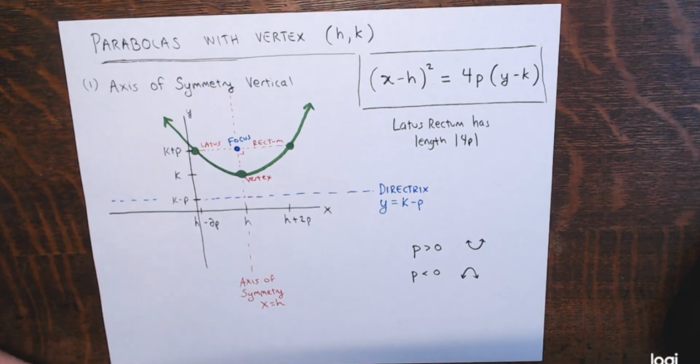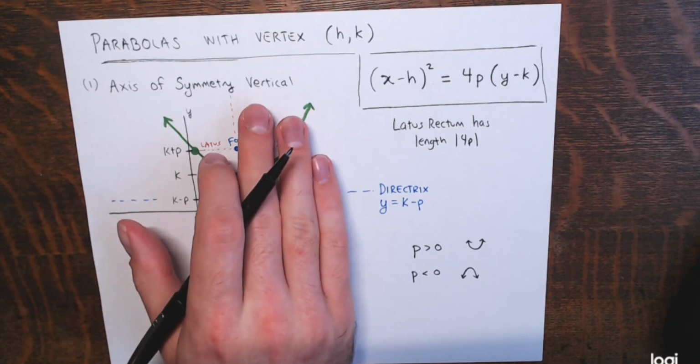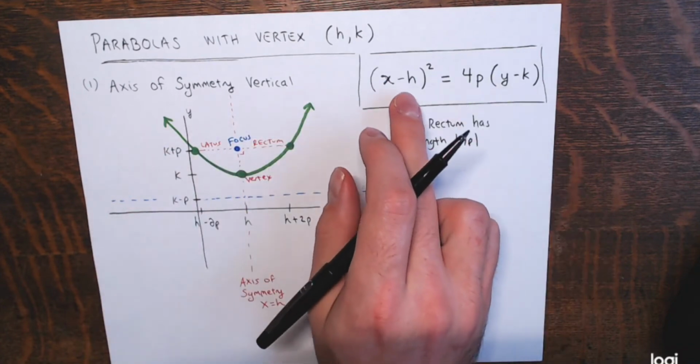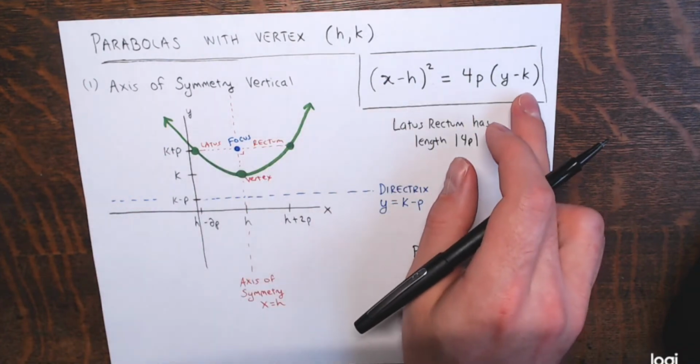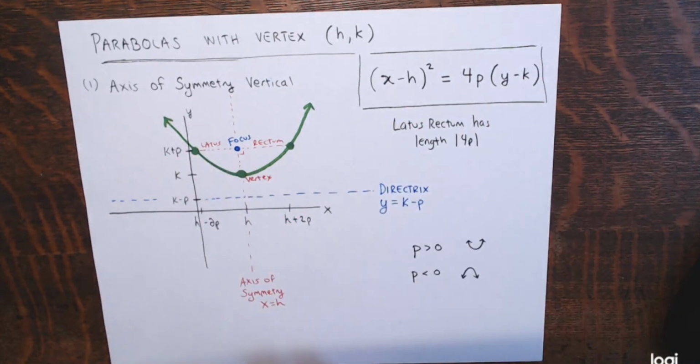All right, and then the other case is, what if the axis of symmetry is horizontal? Well, then instead of x being squared and y being to the first power, it's the other way around. So you switch the x minus h and y minus k.